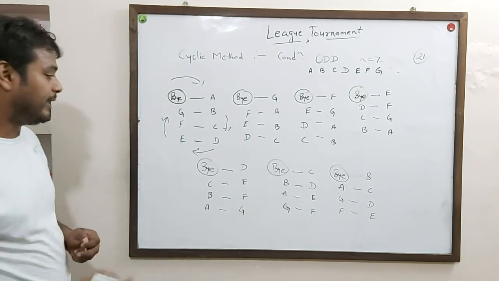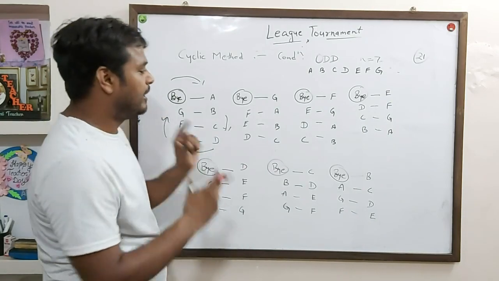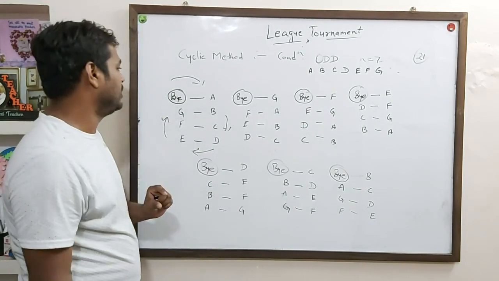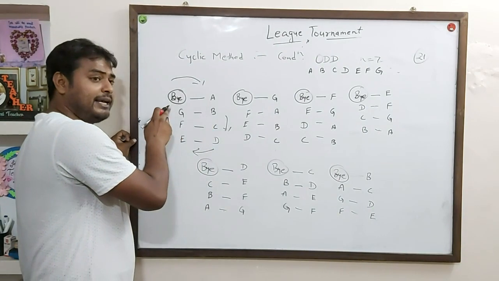One more thing, we can cross check that each team plays with every team. So we will check team A's position. In the first round team A is not playing.